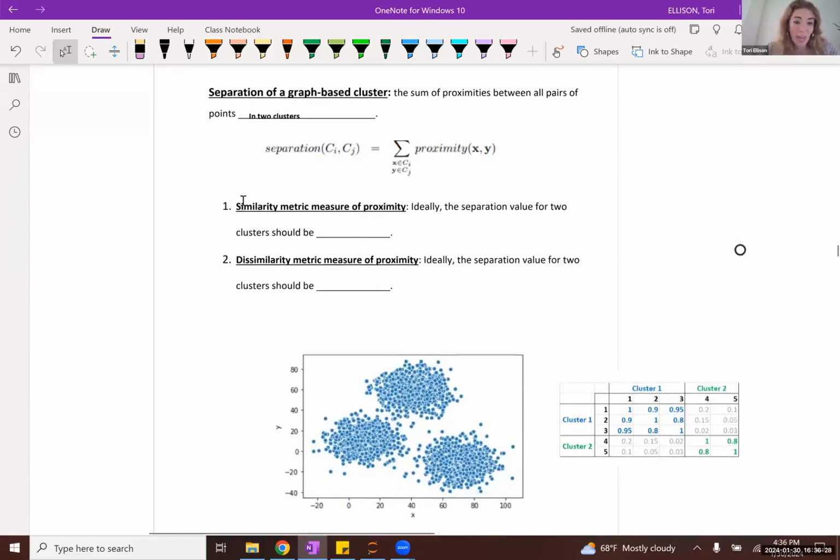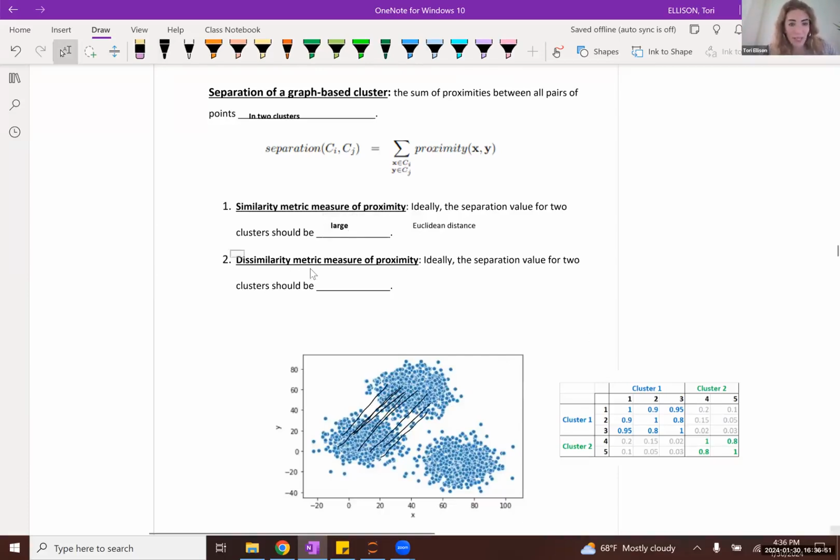If we are using a similarity metric measure of proximity, like the Euclidean distance, then ideally the sum of all of the proximities between two clusters, so the sum of all the distances, would be large.